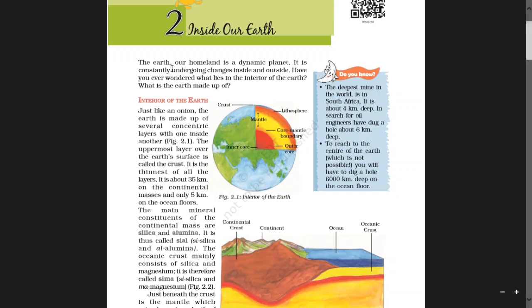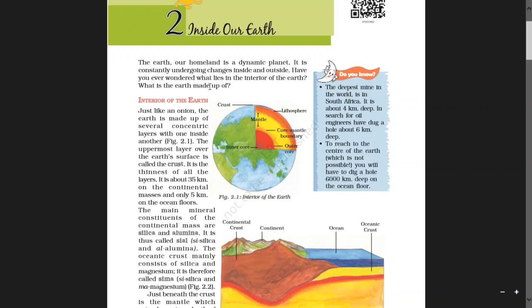Have you ever wondered what lies in the interior of the earth? Are you surprised to know what is there inside the earth?